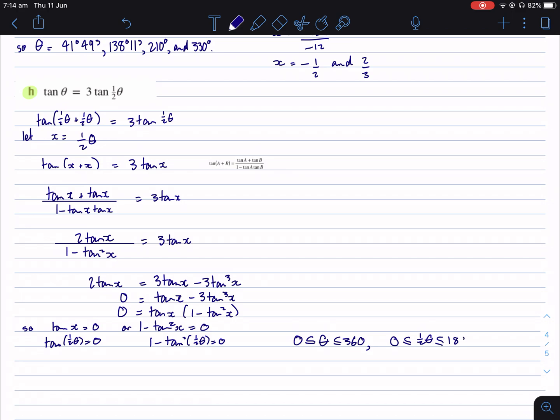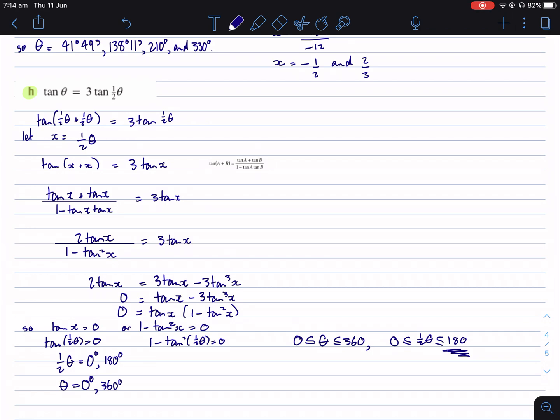And then we're going to double our answers, obviously. So tan theta equals 0 when y is 0, so 0, 180, 360. But I don't want to go up to 360 because I'm only going up to 180. So theta is going to be 0 and 360.